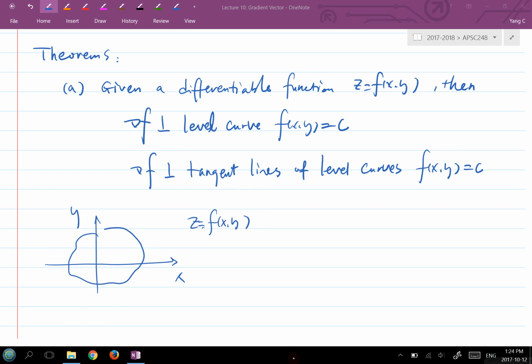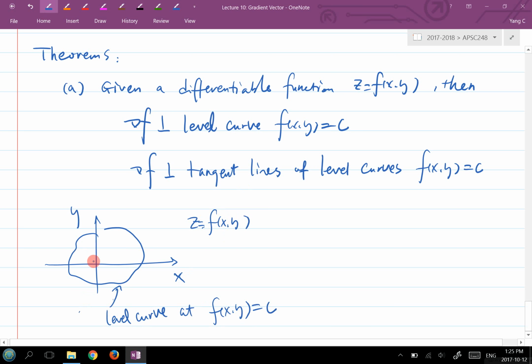Let's say this is one level curve, at z equals c, or f(x, y) equals c. You should try to visualize that the function f(x, y) is on top of this. I only draw this in the xy plane, but it's a 3D surface on top of this level curve here.